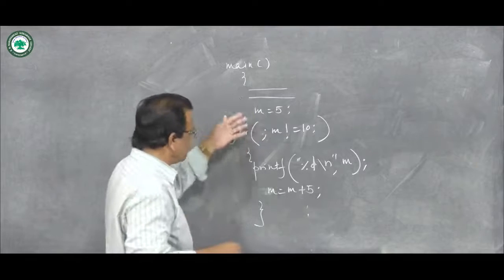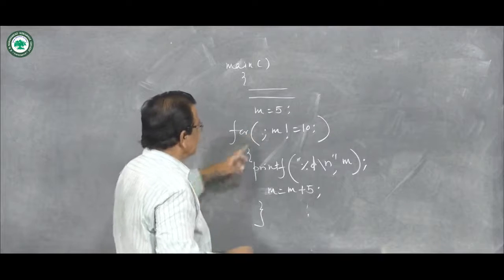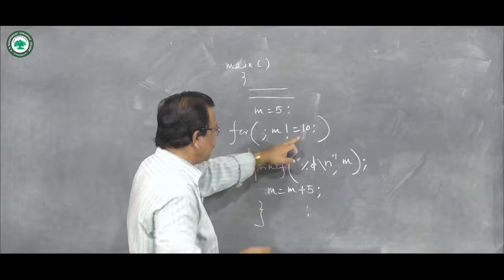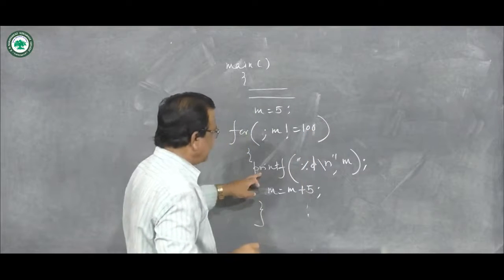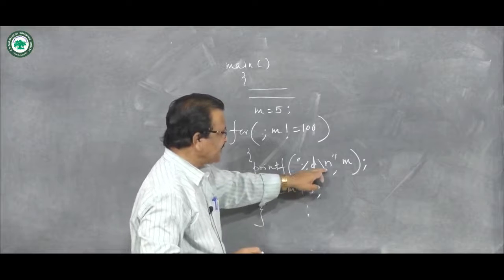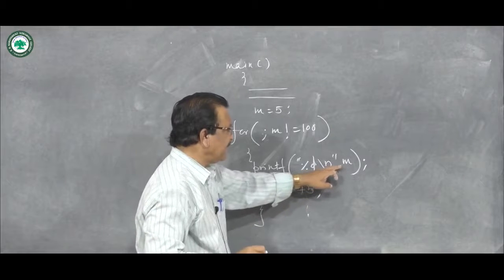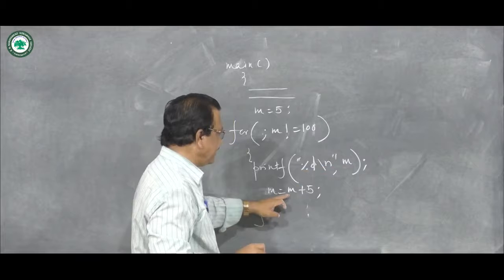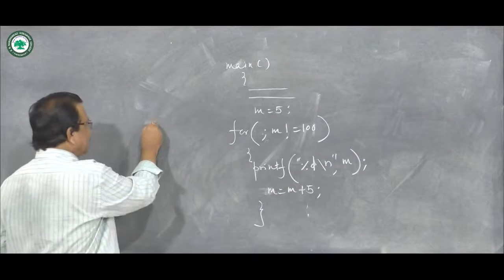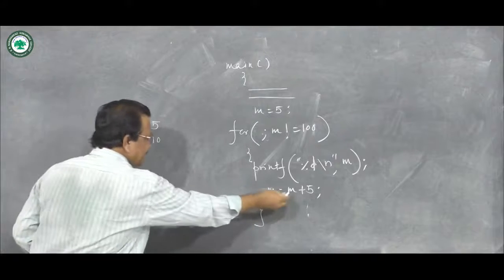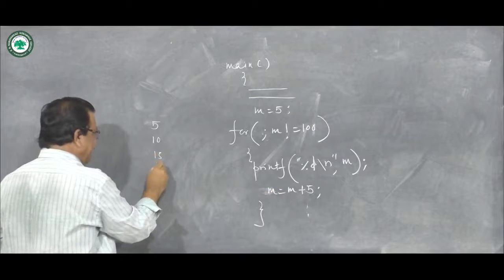What will be the output of this program segment? M set to 5, m not equal to 100, and then printf percentage d slash n m. On a separate line, write the current value of m, every time incrementing value of m by 5. So it will start with 5, then 10 because of this m plus 5, then 15 and so on.